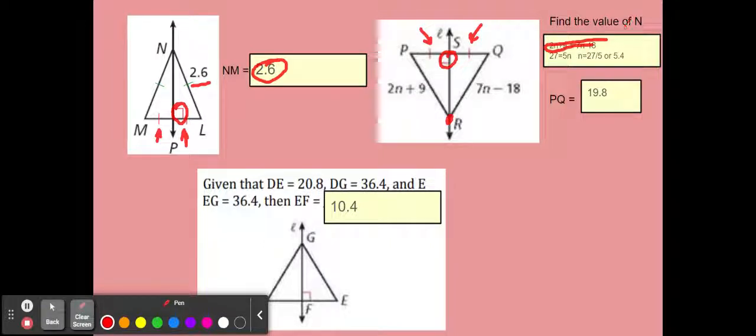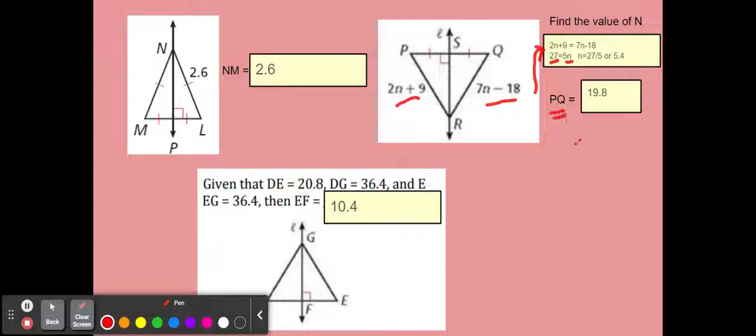And you can see that tells us here that 2n plus 9 must equal 7n minus 18. We can subtract 2n from both sides, get a 5n. We can add 18 to both sides, get 27. So I end up with n equaling 27/5 or 5.4.